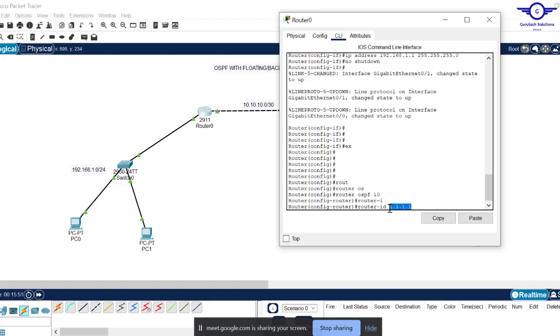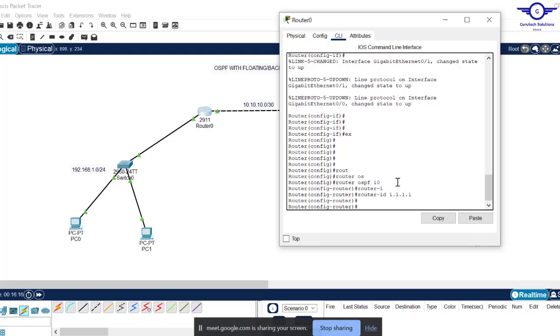But in this case, we normally give them numbers like 1.1.1.1, 2.2.2.2, 3.3.3.3. It's not a must, and it's not limited to that. You can specify your own. But we normally use these to differentiate them from the normal IP addresses that we use. So you can just say this is 1.1.1.1 and hit enter.